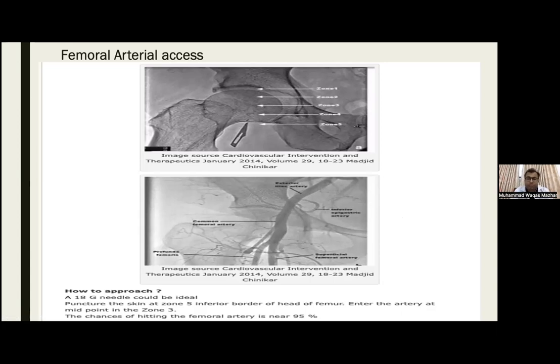Yes, sir. Basically, when we call it a high puncture, it is above the level of the inferior epigastric artery, and at the level of the inferior epigastric or above it, there is no bony surface underlying. So if we puncture with our needle above that point, we call it a high puncture, and for a high puncture there is no underlying bone, and it will result in retroperitoneal hematoma because we are not able to compress it.